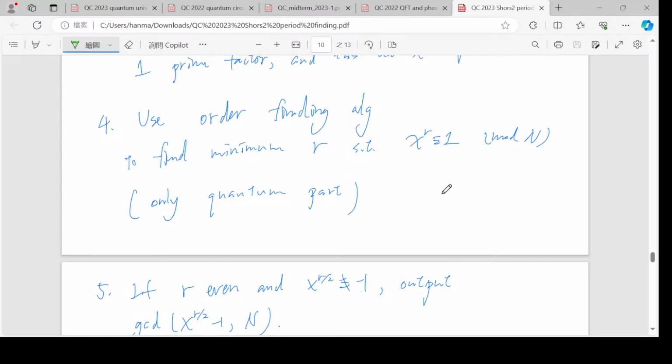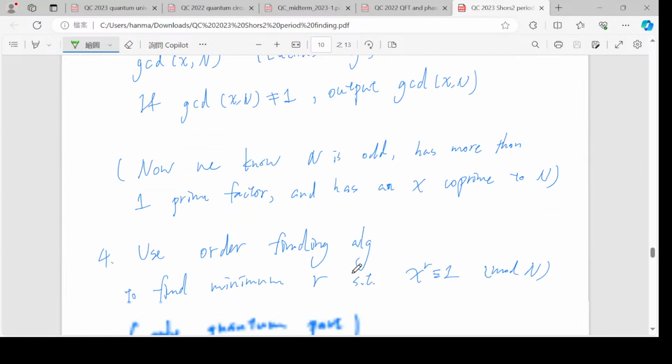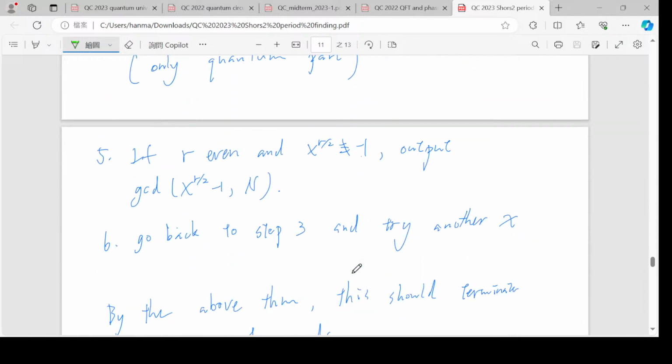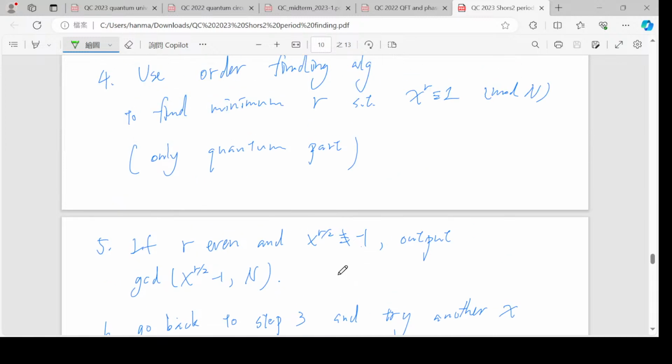If r is even, then you calculate x to the r over 2, then calculate the GCD of x to the r over 2 minus 1 with n. If you get lucky, this will give you a non-trivial factor.